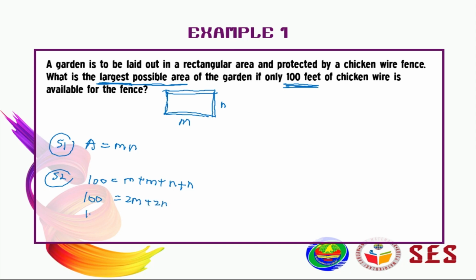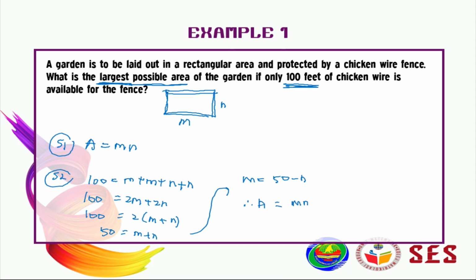Then factor out 2, you will have 2 times (m plus n). So now you have 50 equal to m plus n. I'm going to make m the subject, so you are going to have m equal to 50 minus n. So you have an equation for m now, so just substitute m into your A.